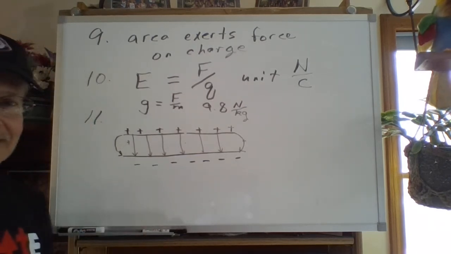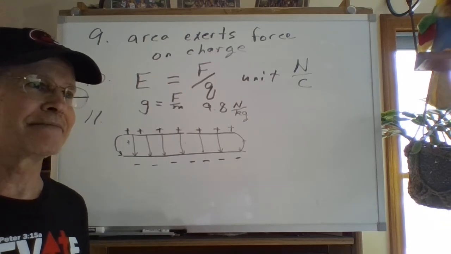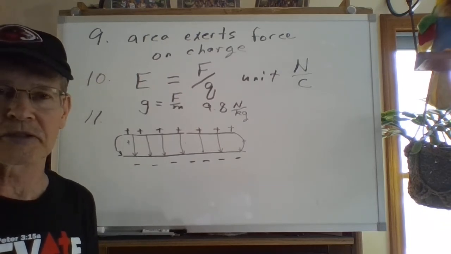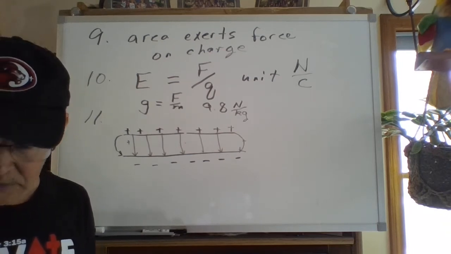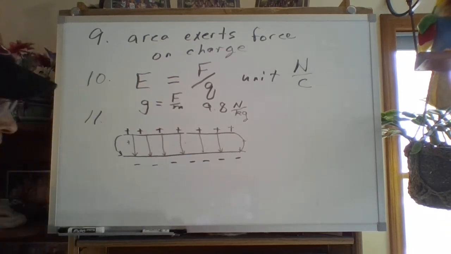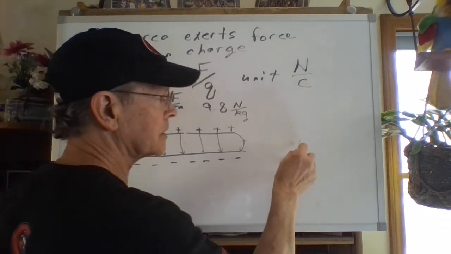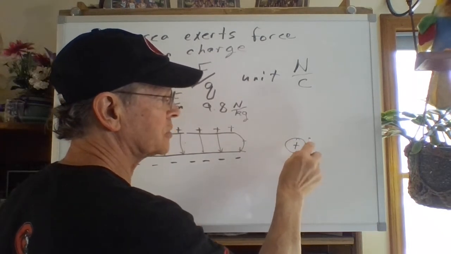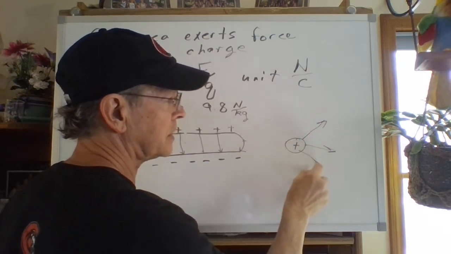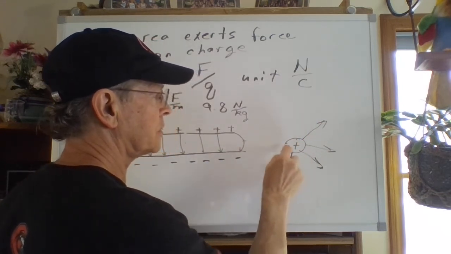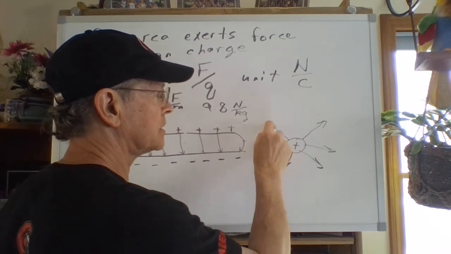They're not real lines, they're just lines that we draw on paper to help us describe the electric field of that object. You look in the book, they draw electric fields for lots of other things. Like a positively charged object would repel a positive charge, so it would look like that. Every direction would have equally spaced lines.